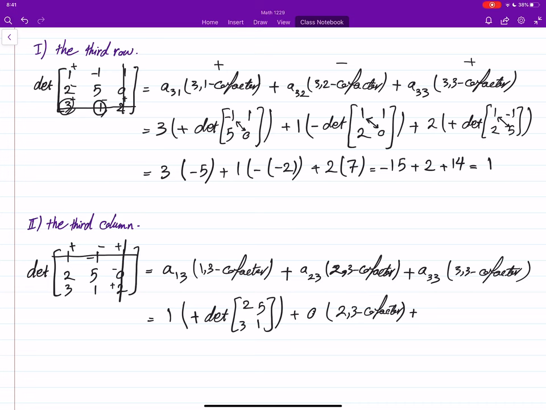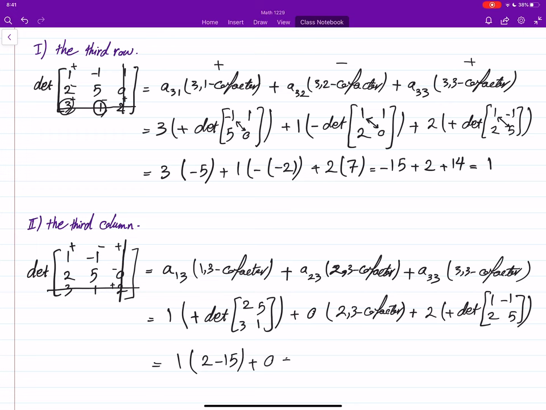And then the last thing is 2 times, let me delete this. Oh, deleted that whole thing. So this one will be plus, first of all, the determinant of submatrix 3, 3, which is this. Now 1 times 2 minus 15 plus 0 plus 2 times 5 minus negative 2.